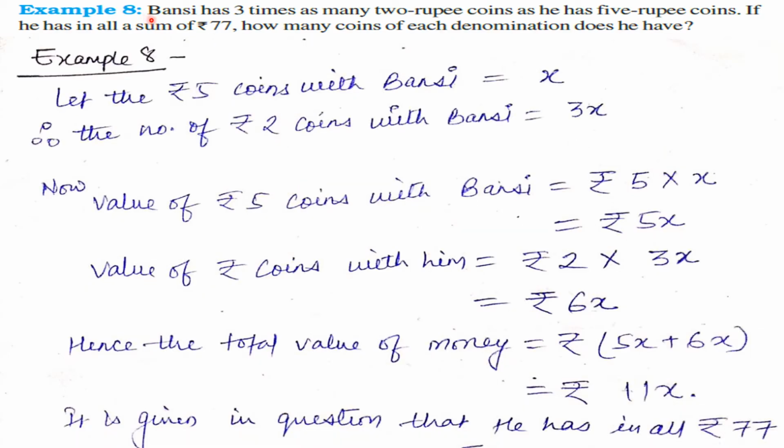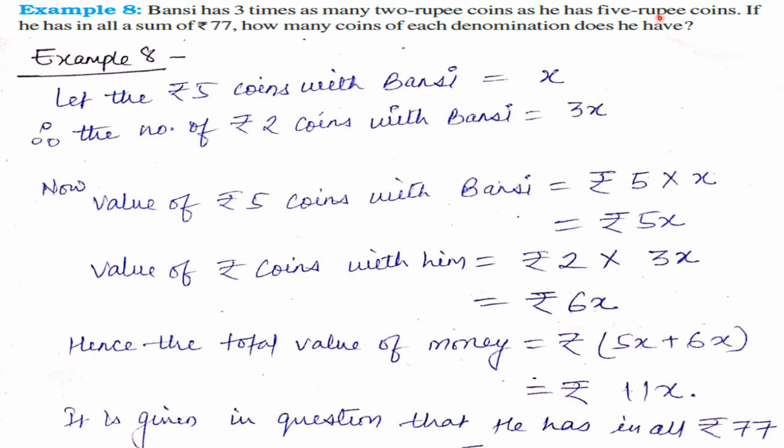Example number 8. It is saying Bansi, a boy, has 3 times as many 2 rupee coins as he has 5 rupee coins. So it is talking about the number of coins. He has a 5 rupee coin and a 2 rupee coin, but the number of coins were not given to you.